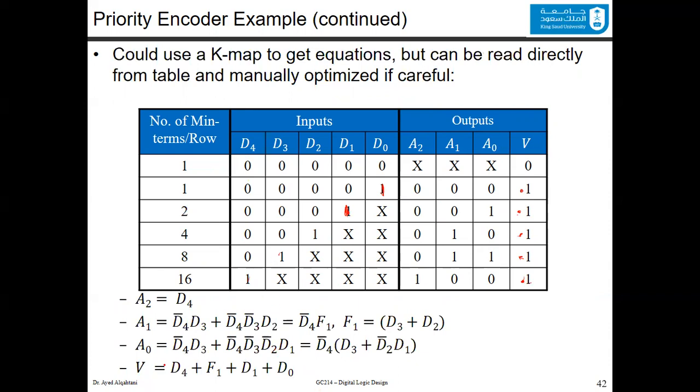So it's fairly easy for the V. Notice that we have F1 and we define F1 to be D2 or D3. If you apply it here, it would be D0, D1, D2 or D3 or D4. Now, for example, for A2 here corresponds to D4.